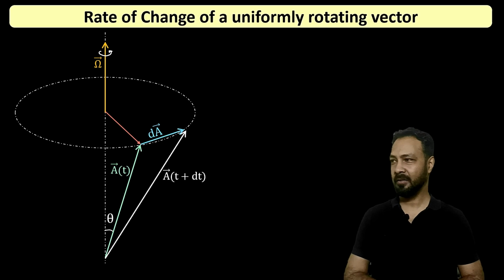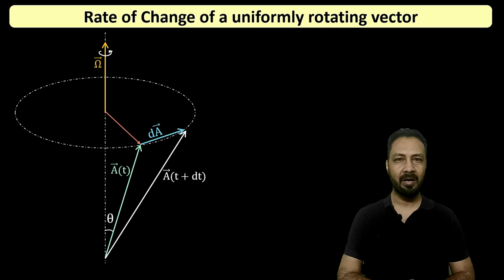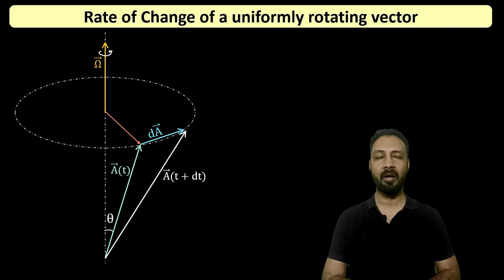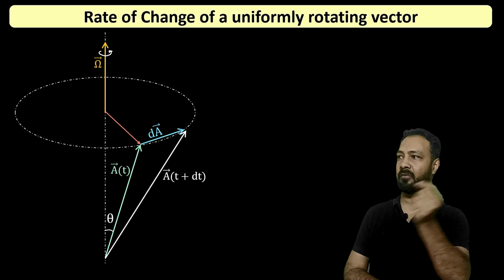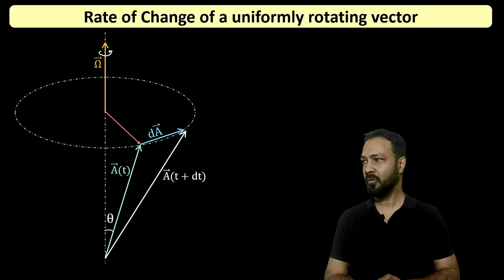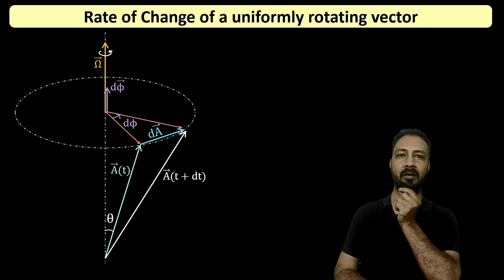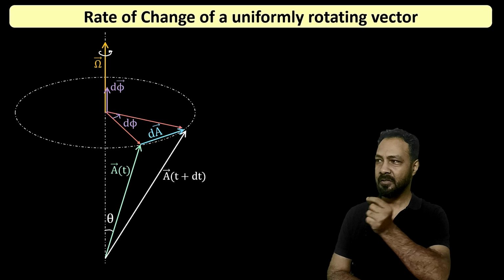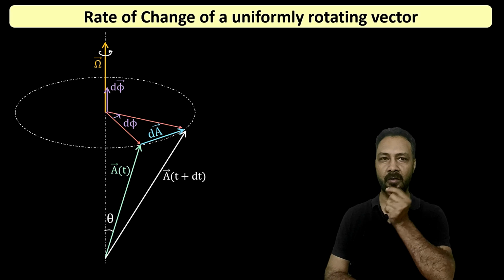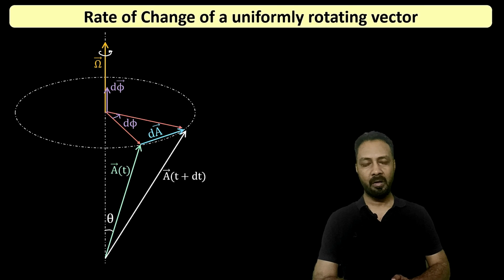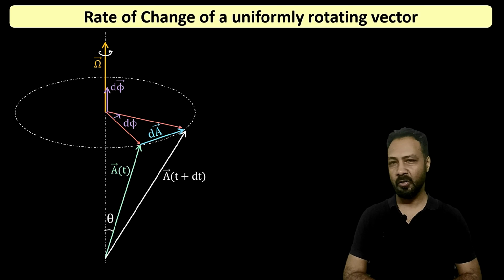As A vector has changed in a very small time dt, the r vector also changed. In fact, this r vector is rotating with the angular velocity omega. So now r vector has come here and r vector has rotated by angle d phi. Omega is nothing but the rate of change of this d phi with respect to time. And you know that infinitesimal rotations are vectors.